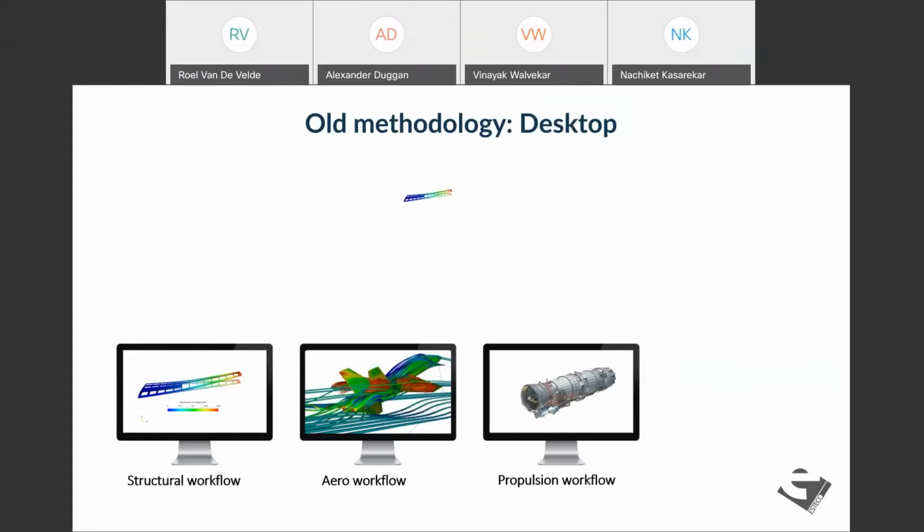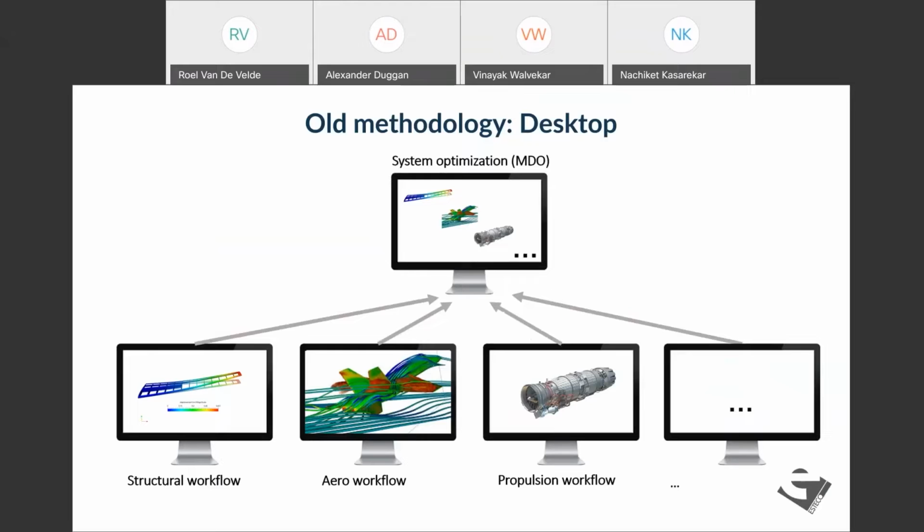You have the propulsion being done mostly by the tier 1 vendor, and so on and so on. All these individual experts are working on their individual models, but at some point, these have to come together in a framework to glue these domains together and conduct system optimization. And this is traditionally done on a desktop.